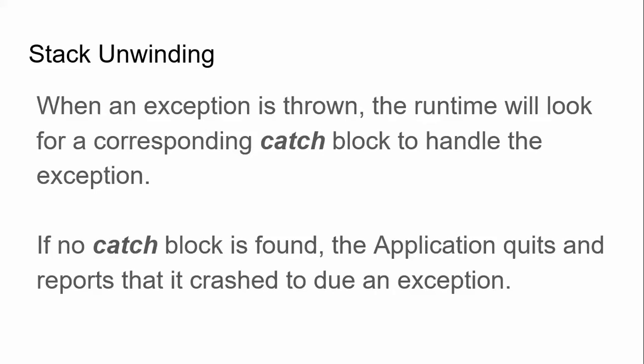And if your program can't find any catch block to handle that exception, it'll just bomb out to the command line and print out the stack trace and tell you that an exception occurred and what exception it was. But what we're trying to do is prevent our program from crashing by implementing our own exception handling mechanisms. But if an exception is thrown and there's no catch block anywhere, your program will just straight up crash.